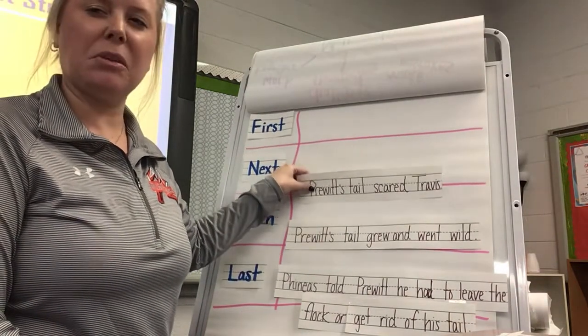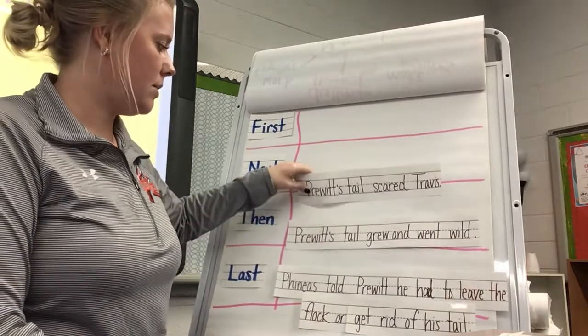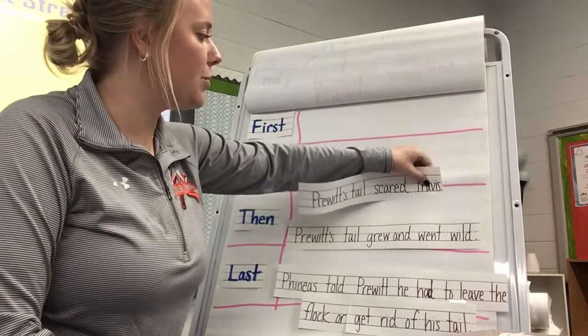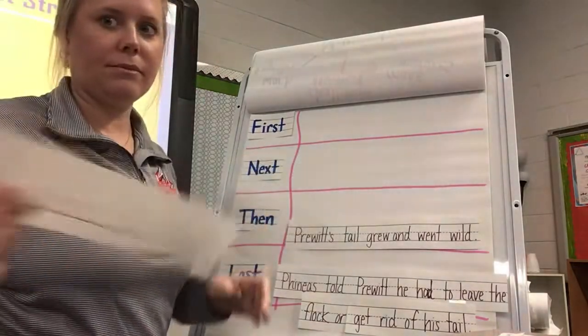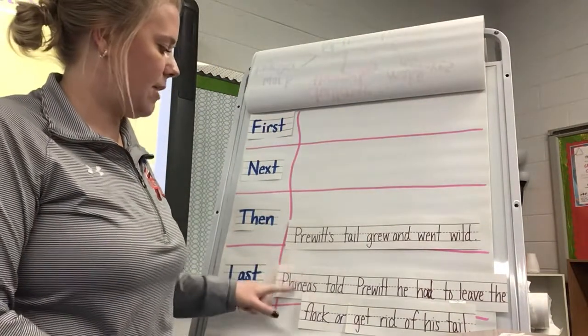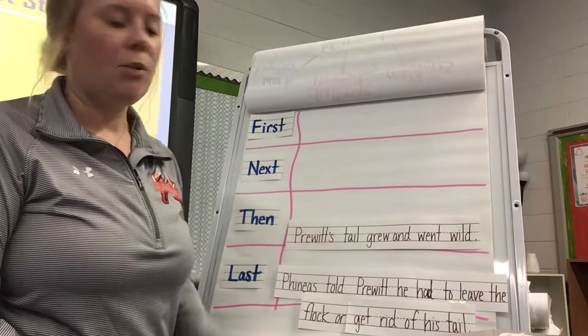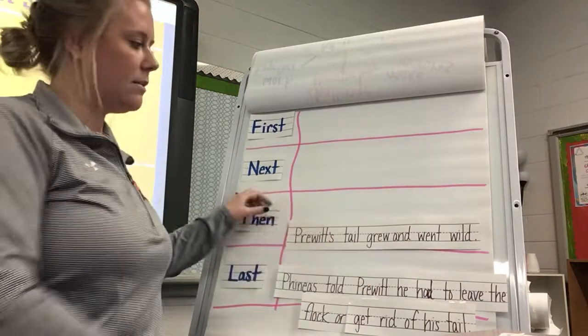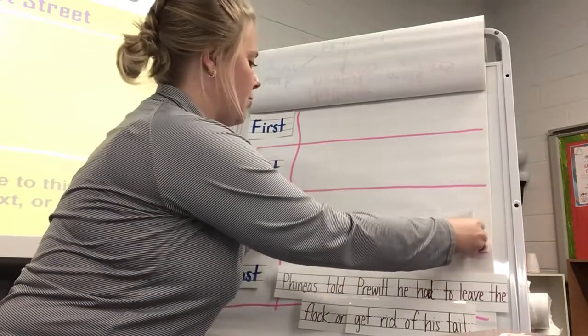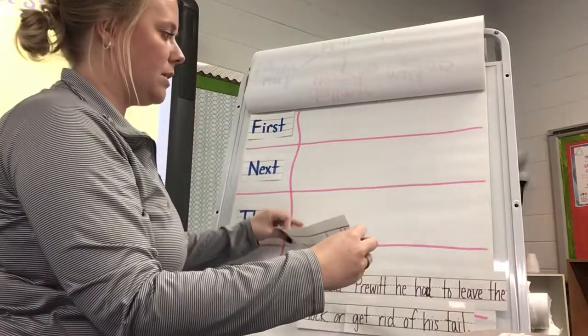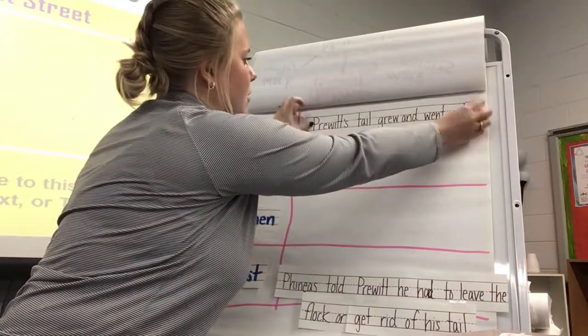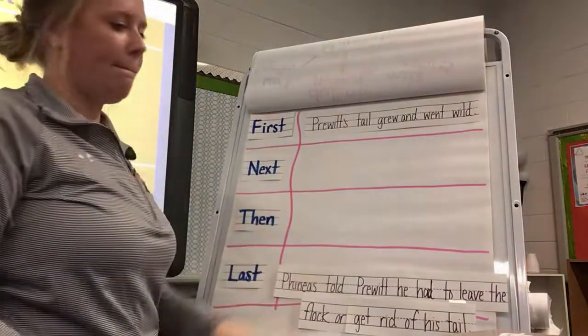That happened like somewhere in the middle, right? Not first though. Prewitt's tail grew and went wild. Or we have Phineas told Prewitt that he had to leave the flock or get rid of his tail. Well, I know this happened after this. So Prewitt's tail grew and went wild was the first event that we tracked down. So if you put that first, good job.